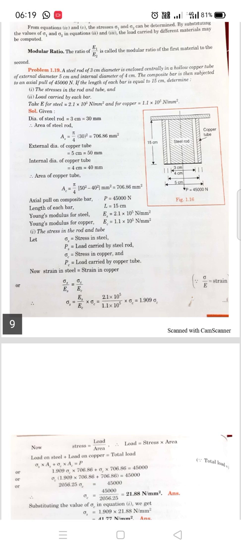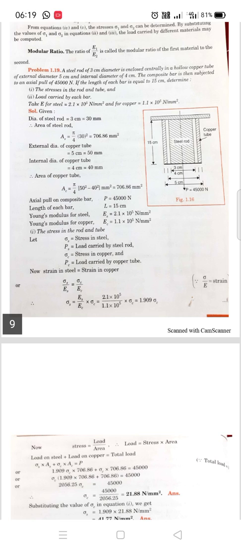A steel rod of 3 centimeter diameter is enclosed centrally in a hollow copper tube of external diameter 5 centimeter and internal diameter of 4 centimeter. This is a hollow copper tube.